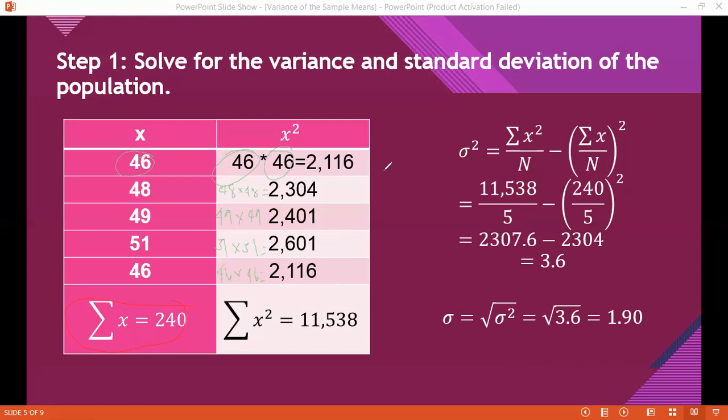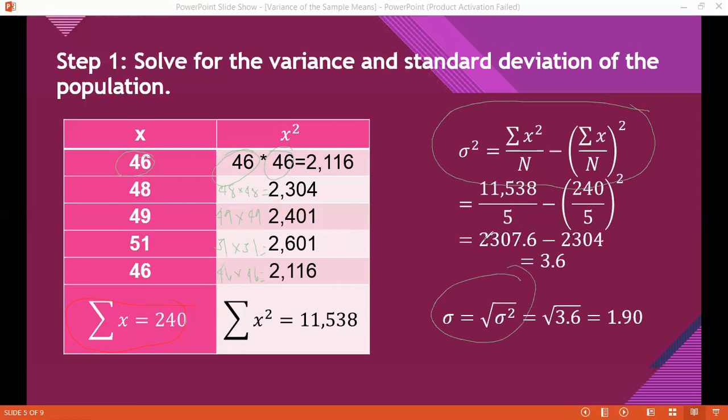Why did we make a table for this? After we get the essential totals or the summations, we will substitute those into the formula for getting the variance and for the standard deviation.